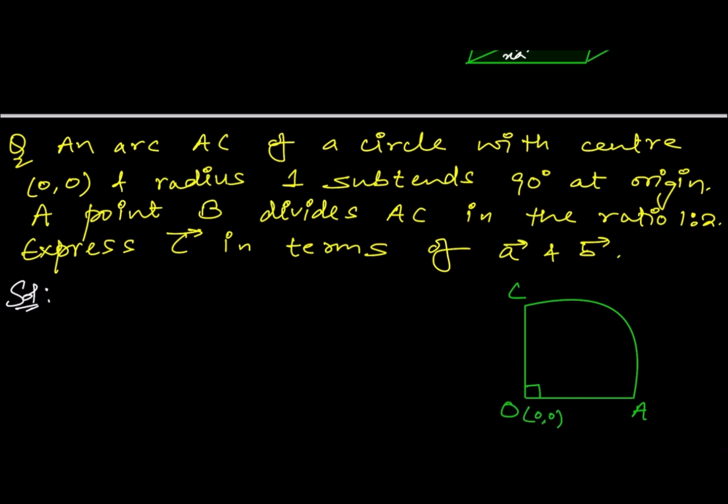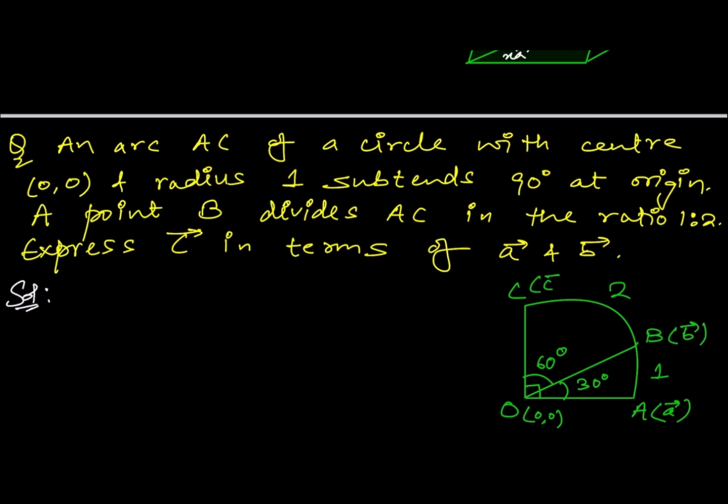A point B divides AC in the ratio 1:2, means this is 1 and this is 2. What does it mean? It means if this angle is 90 degree, then this will be 30 degree and this will be 60 degree, right? Okay, and position vector of A is A vector, position vector of B is B vector, position vector of C is C vector, right?